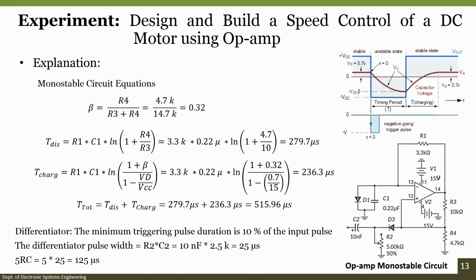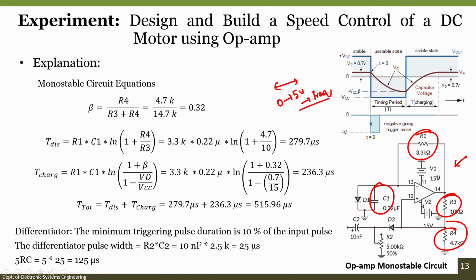Then we also saw how we came up with the R1 C1 values as well as the R3 R4 values, in order to match all the operating ranges of our input voltage. When the motor is rotating with 0 to 5 volts, whatever frequency the encoder output provides, the monostable multivibrator should work for that entire range of frequencies.